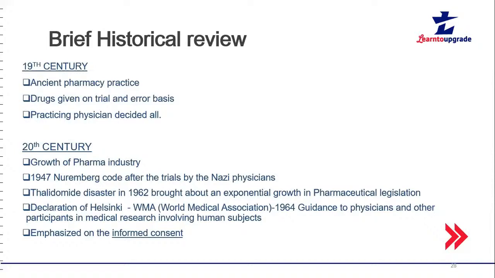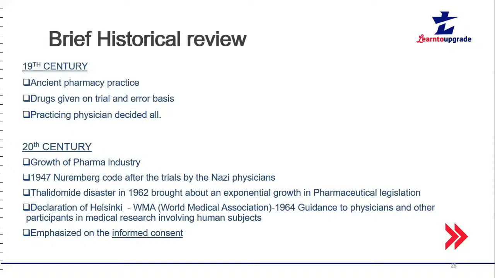Then, as the years passed, most countries started putting emphasis on informed consent. That means the patient can provide his or her own consent that he or she is okay to participate. There should be no forced participation.